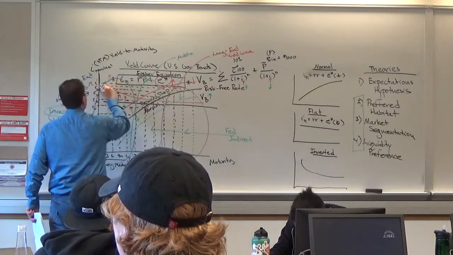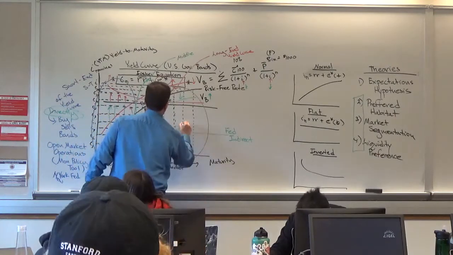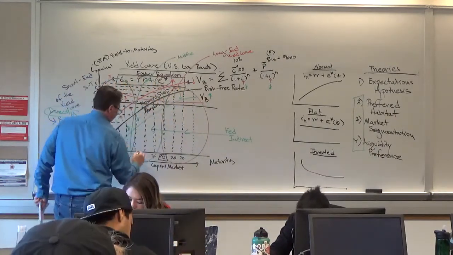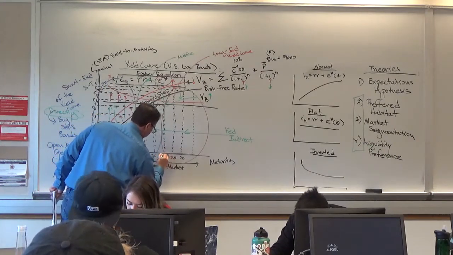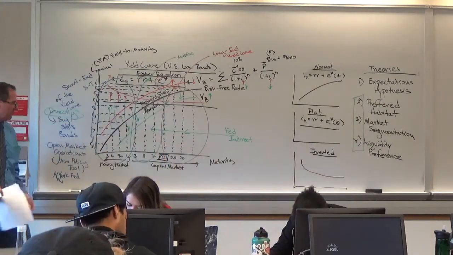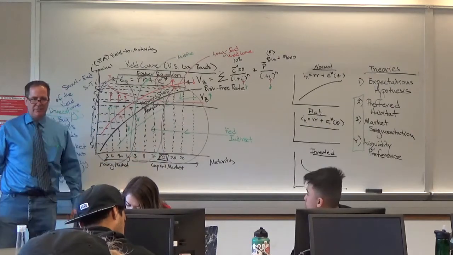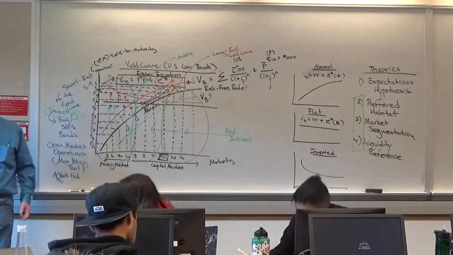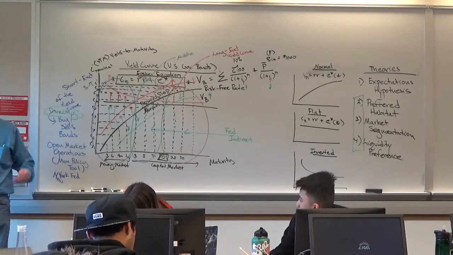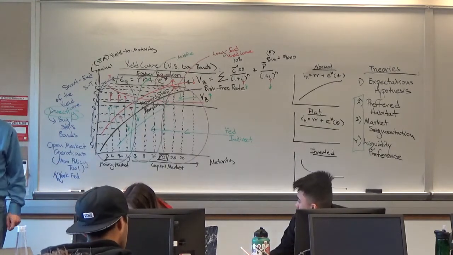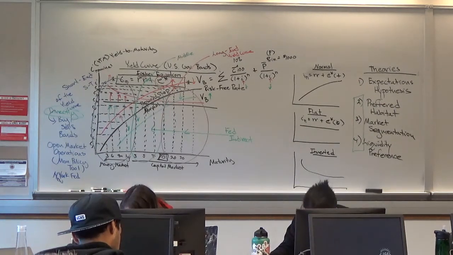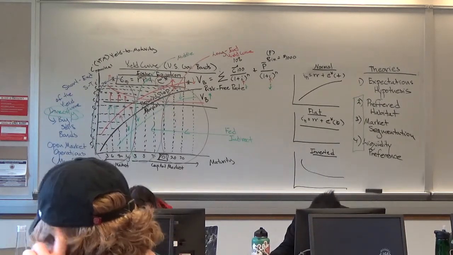Put a little box around the 10-year treasury yield. Put a little box right here around the 10-year, because that's the base rate to price all student loans, car loans, mortgages. So the 10-year treasury yield is the reference rate to price all of those loans. Okay?